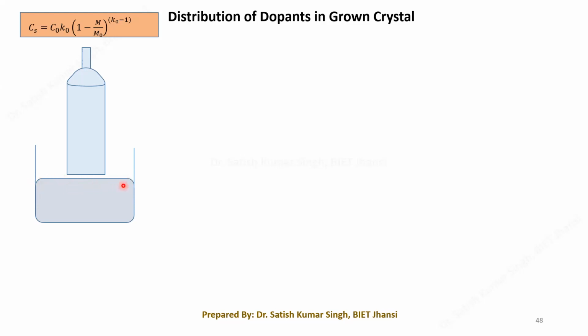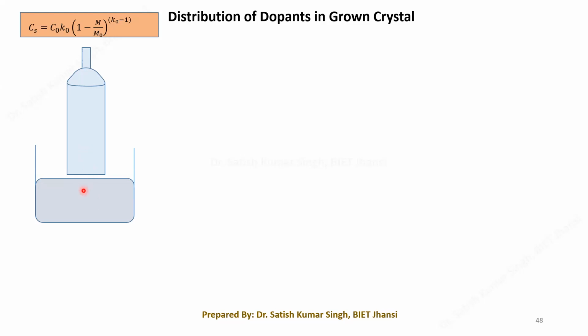So this layer at the top will have more concentration than the layer at the bottom. Why? Because it is rejected by this crystal, and because K naught is less than 1, the same amount of dopant is not being transported into the crystal, that you need to understand, fine.